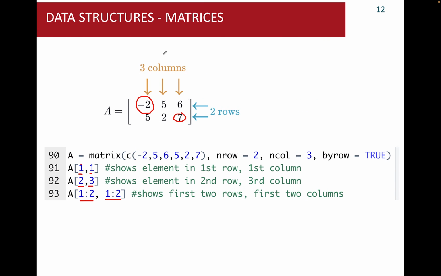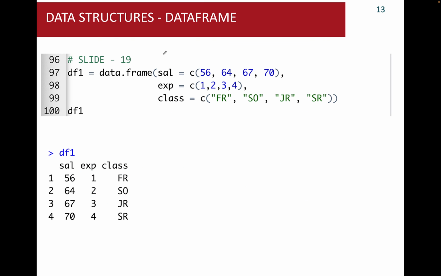Right? So finally, I want to talk about data frames. Data frames are ways to concatenate variables together, just like matrices. But the only difference is that with data frames, you can concatenate different types of variables.